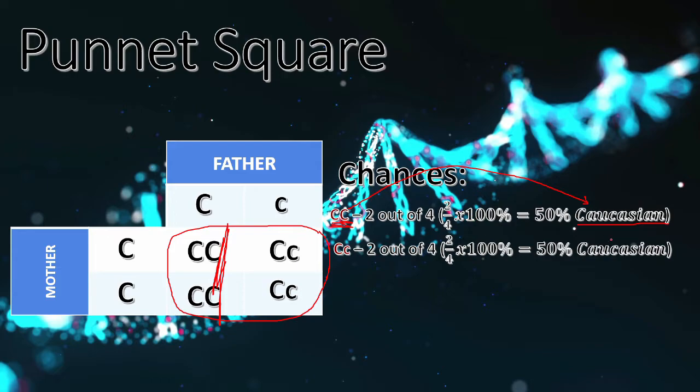Same computation as the upper part, and the outcome would be Caucasian again because the dominant trait is present in the combination. We cannot have the non-Caucasian here because there is no combination of small letters. The recessive allele should have two small letters to get a non-Caucasian.